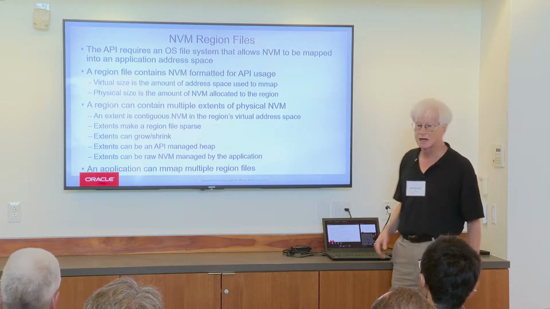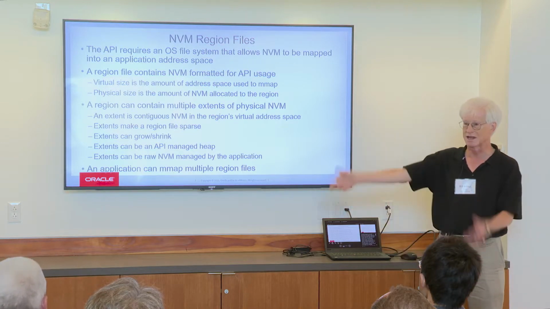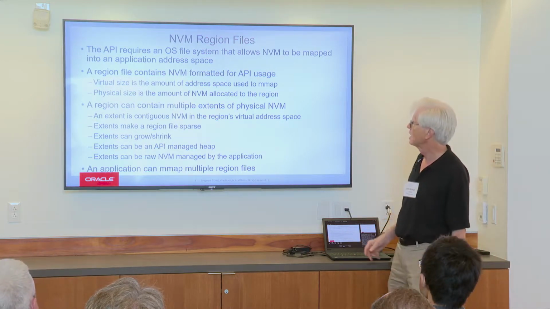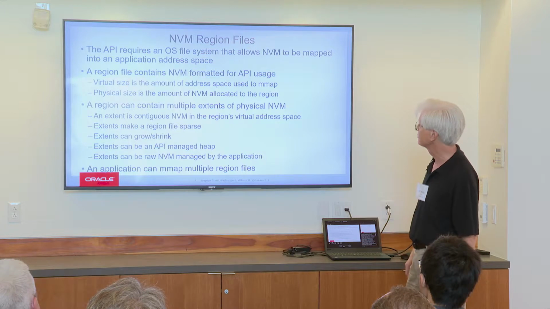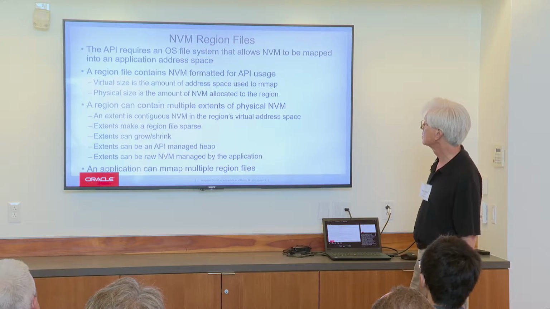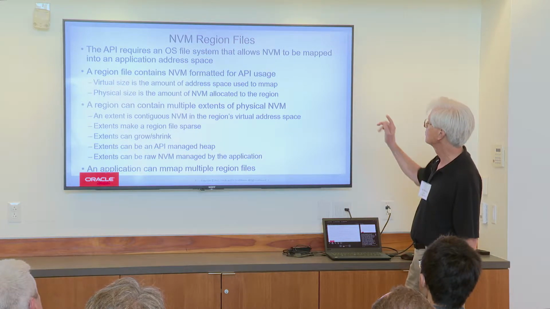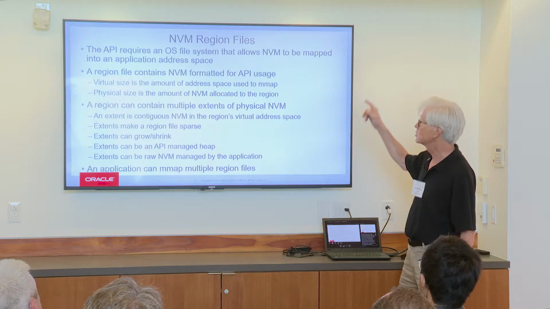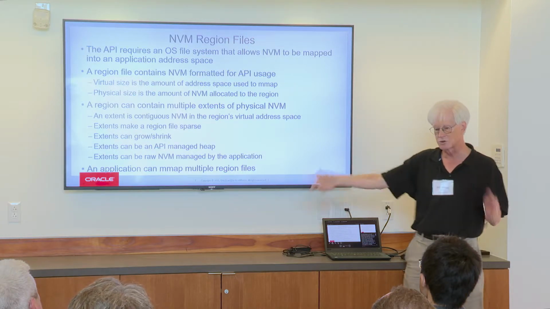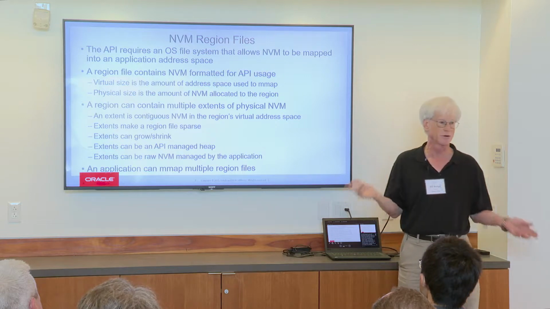Region files. This is kind of the basics of how do you get NVM into your address space, right? You have to have a DAX file system. You have NVM formatted for API. The file that you use has to be a specific file. It can't be an arbitrary file.